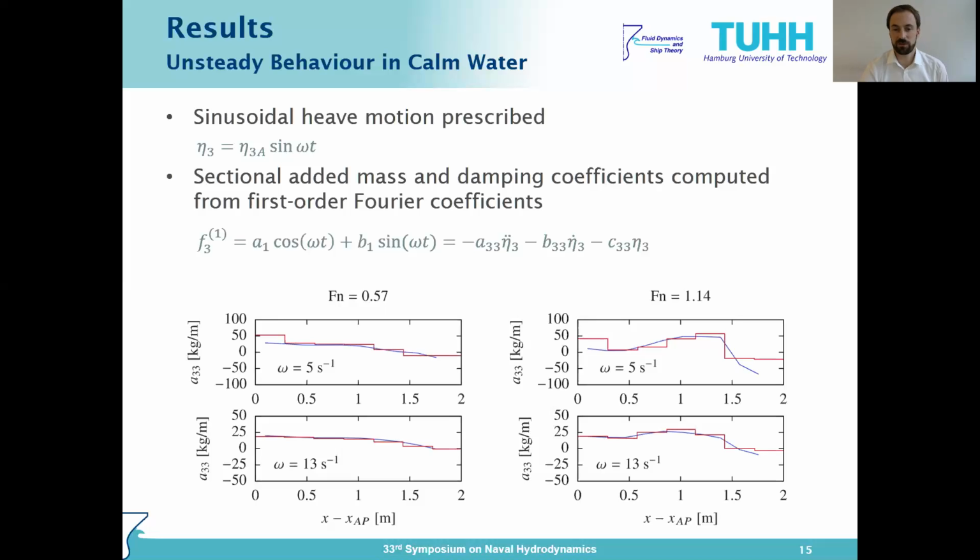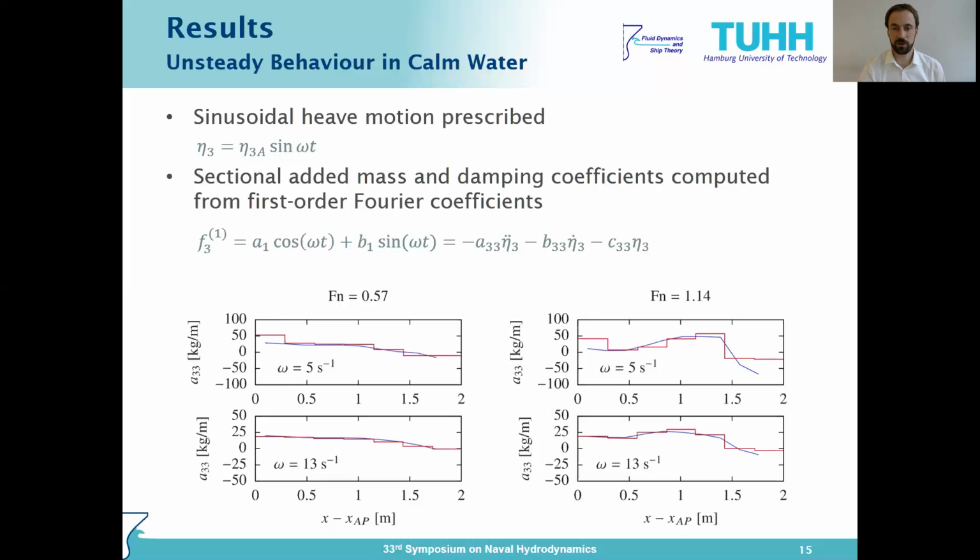The slide shows the results for the distribution of the sectional heave added mass coefficient for the two considered Froude numbers. Froude number 0.57 is on the left column, and Froude number 1.14 is on the right.